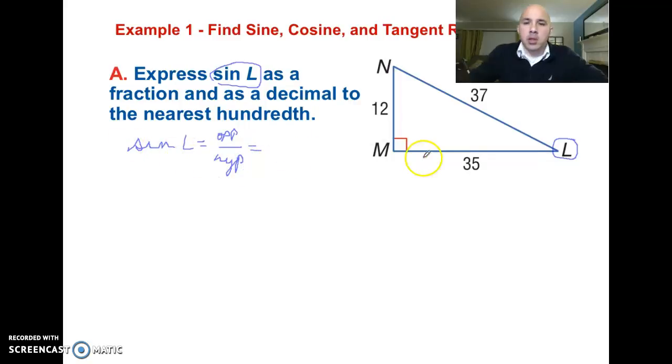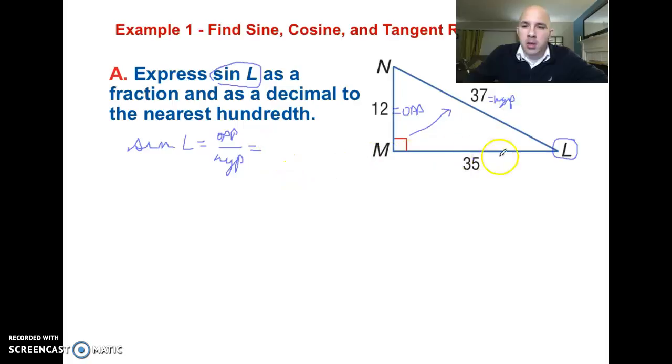This is angle L. Opposite angle L is the side labeled 12, and the hypotenuse is always across from the right angle. So this would be my hypotenuse.